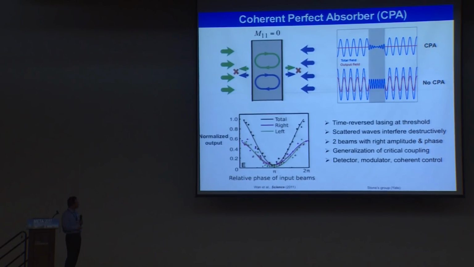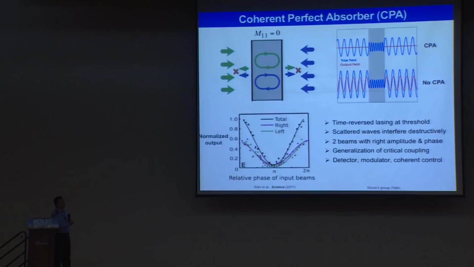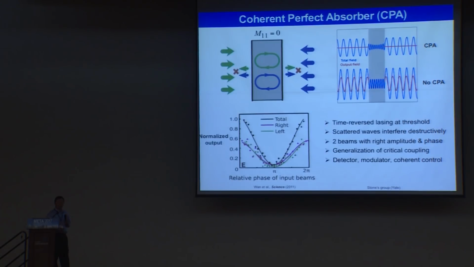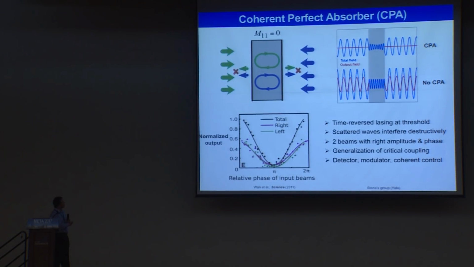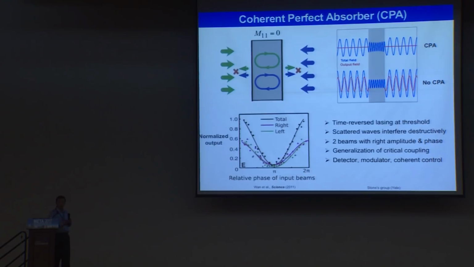Essentially, you have a piece of material here, and you have two incoming beams, one from the right, one from the left. Of course, they go through the medium, whether absorbing or not, and they will have an interference inside. Let's say there's an absorption.